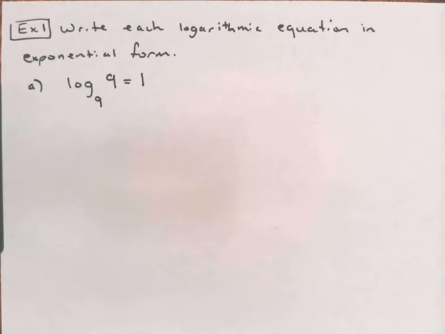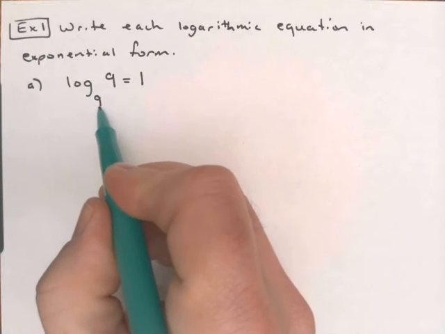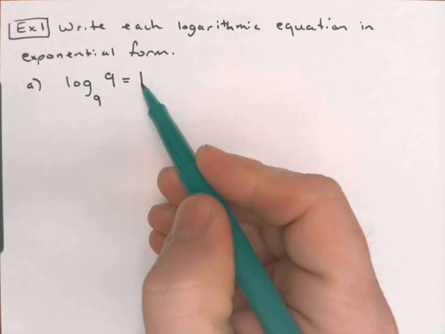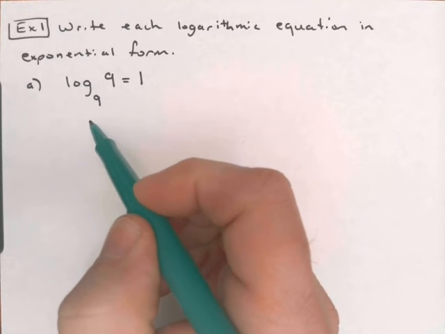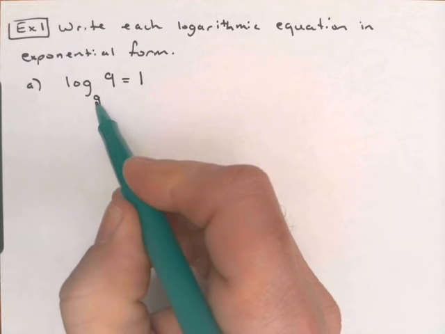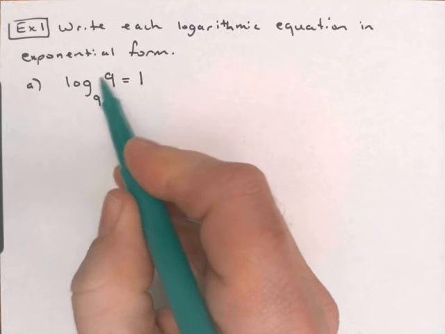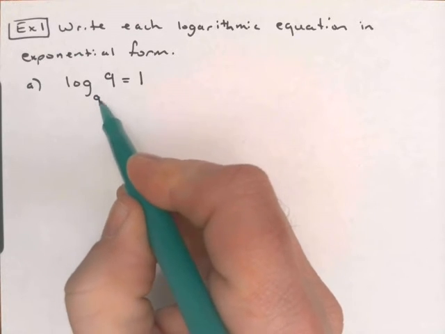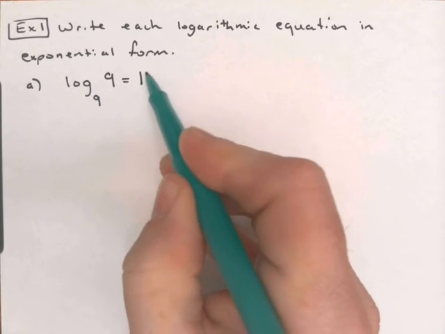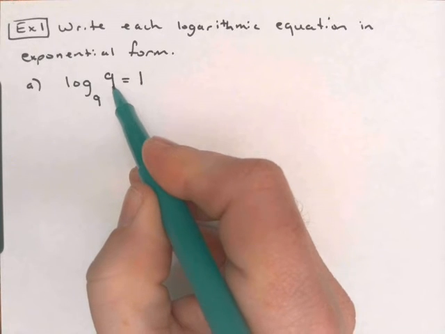When you write this in exponential form, the base of the log becomes the base of your exponent. The number on this side becomes the power of the exponent. So basically, you take your base and write it with this exponent, and it's equal to this value here.